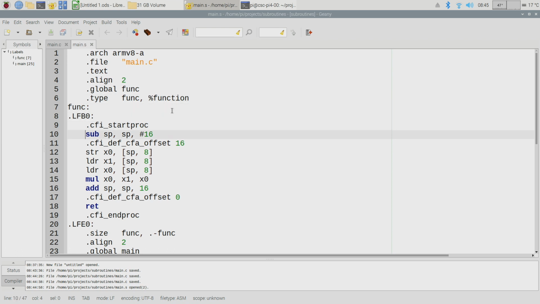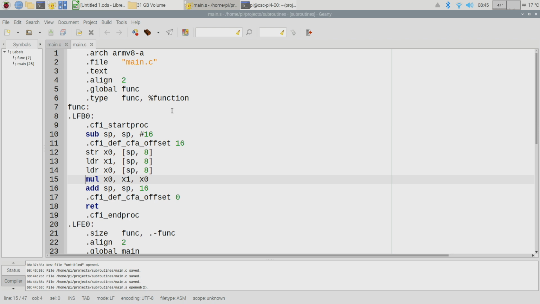We've got two functions, right? We've got the func function, and it's going to do some stuff. And notice that the important part for the func function is that line there where it is going to, sorry, it's going to do the multiplication, right?